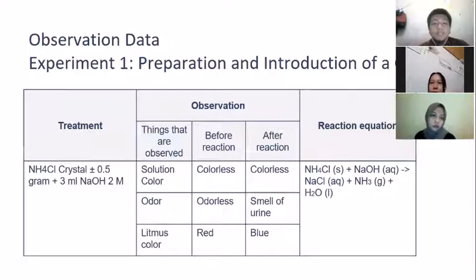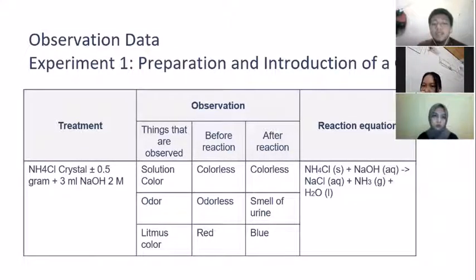After we finish the procedure, we get observation data. For experiment 1, preparation and introduction of a gas, ammonium chloride crystal plus 0.5 gram plus 3 milliliter natrium hydroxide 2 molar, we get the solution color before reaction is colorless and after reaction is colorless too.